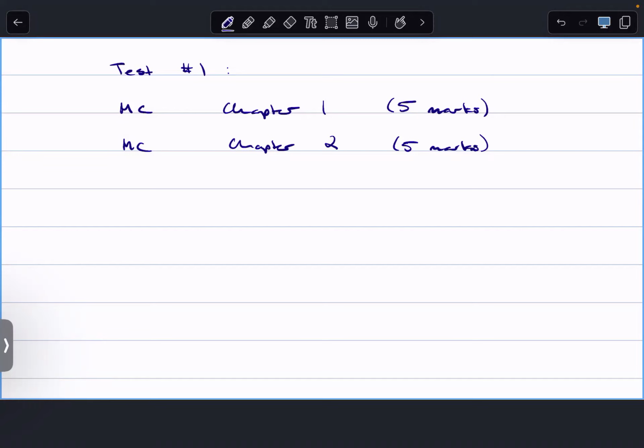So for chapter 3, we're going to do 5 marks for a table. A table type question.